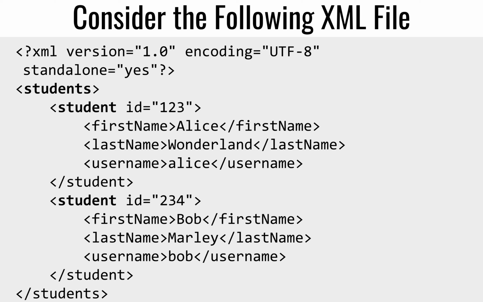That these student branches are actually correctly children of the students element, that the root is indeed the students element. So the schema, the XSD or DTD, would specify all these things: that all these tags and attributes have to have particular names and particular values, and that the structure is correct.